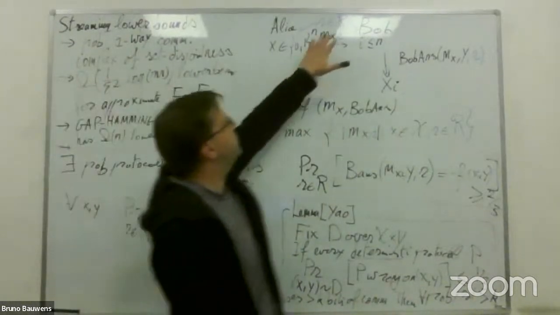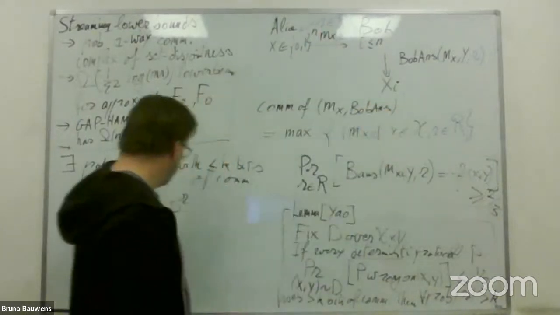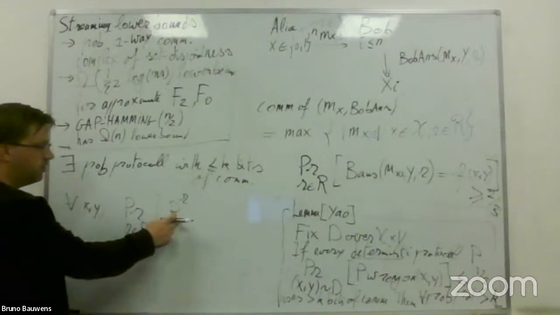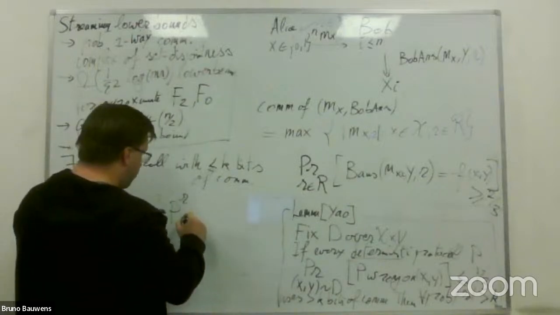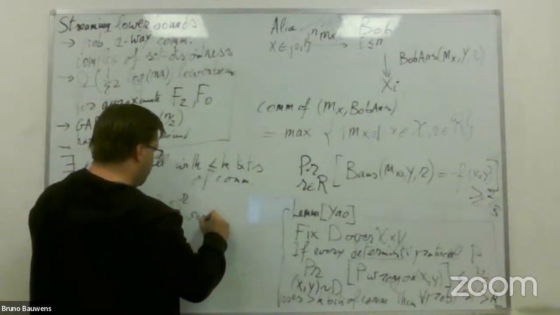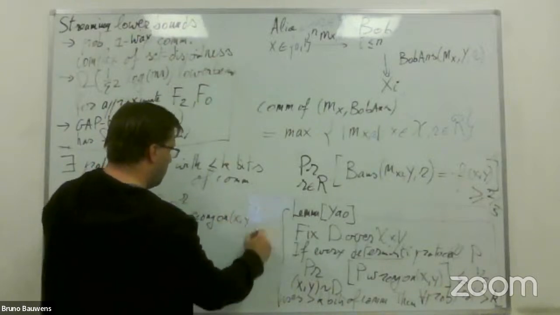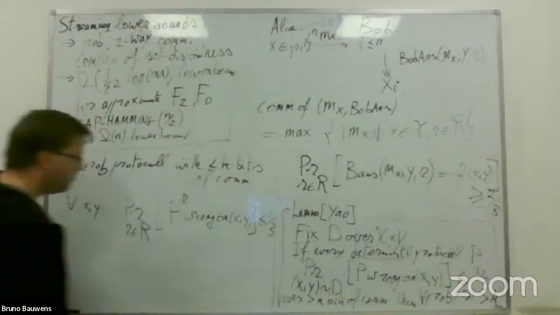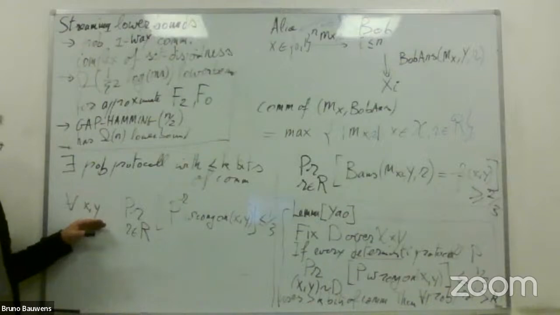Note that if r is fixed, we get a deterministic protocol, right? So we choose a random r. We just take a random distribution over deterministic protocols. So we have it for all x and y.